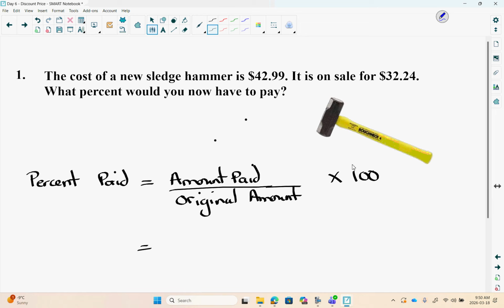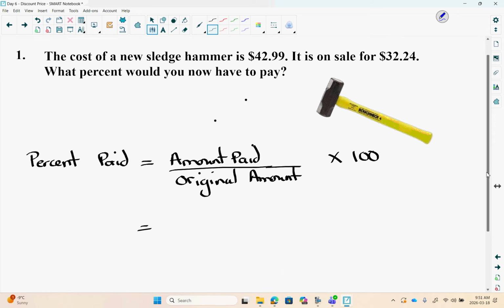So which number goes on top? Is it the $42.99 divided by the $32.24, or is it the other way around, $32.24 divided by $42.99? It's $32.24 divided by $42.99 times 100. And what do you get for an answer?